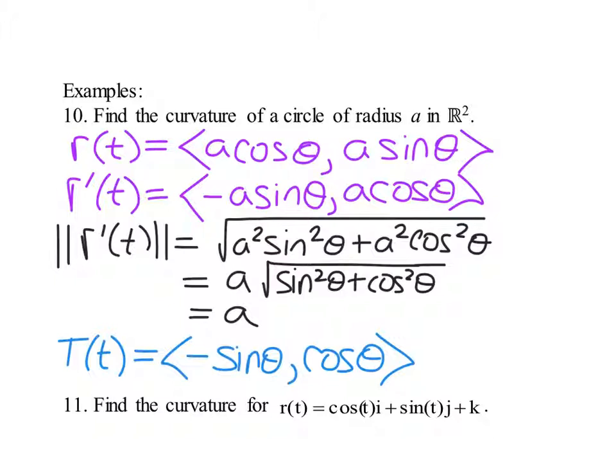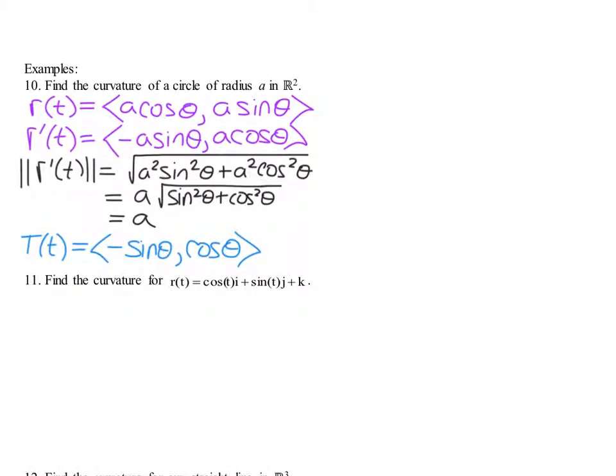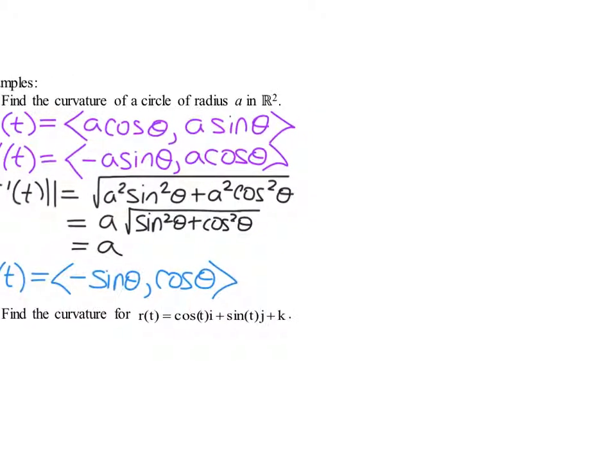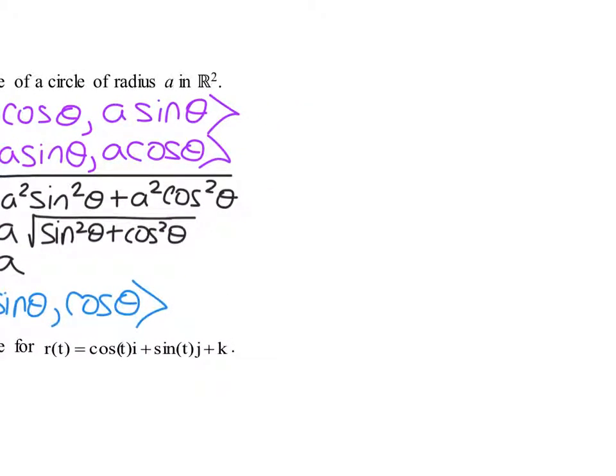So now we have to go through the more interesting part of it, which is to find the derivative. So T prime of t. In general terms, but still not bad because we're working with basic trig functions, sines and cosines. So the derivative of negative sine is negative cosine. Derivative of cosine is negative sine.